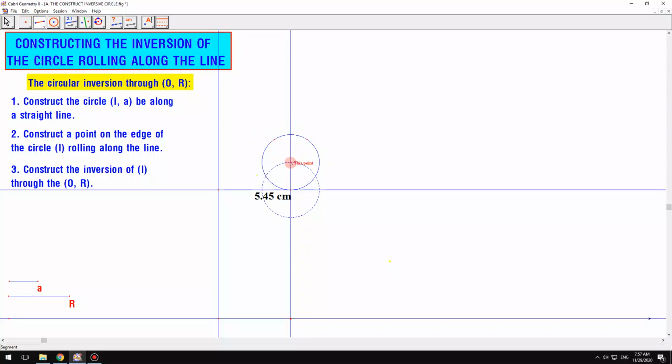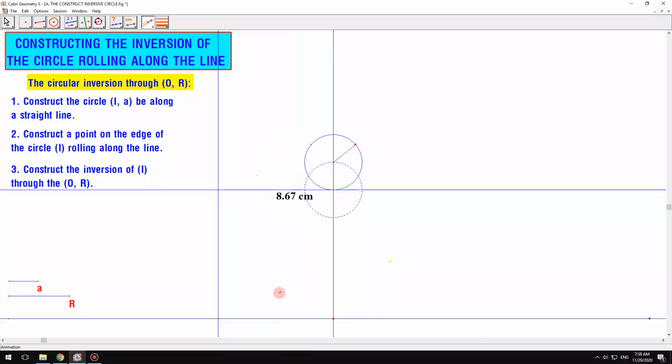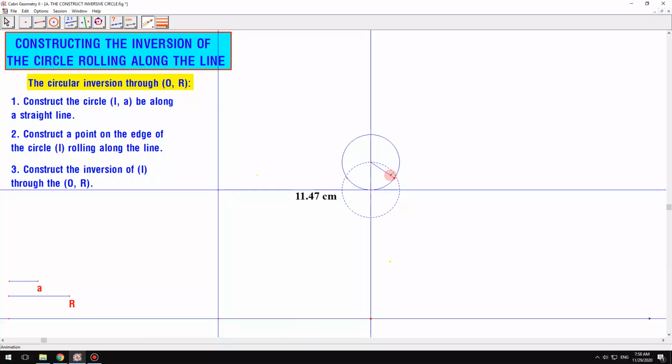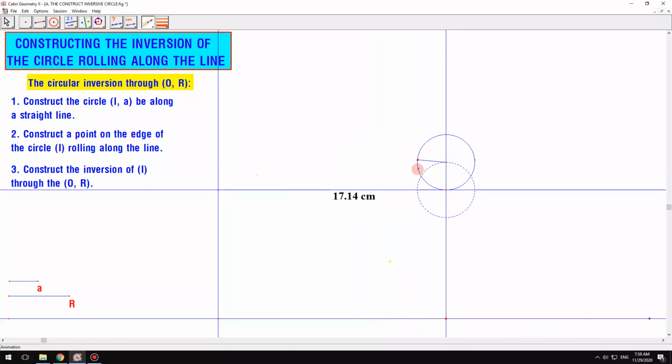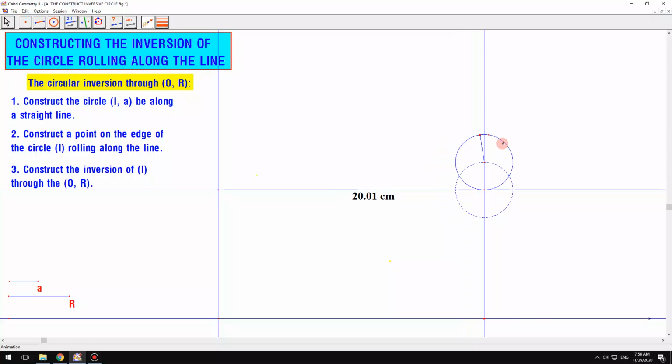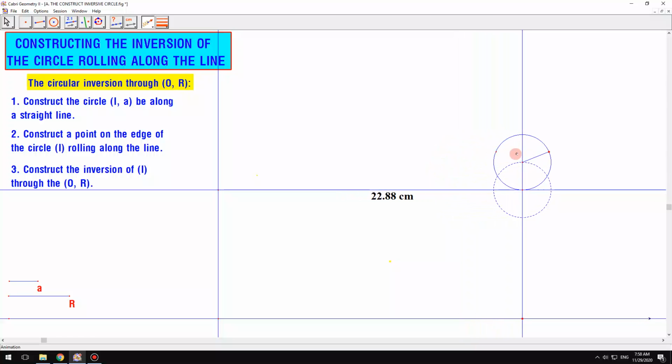Like that, when we move this point, then we see that this point is rolling.